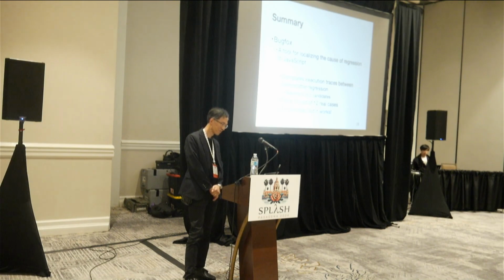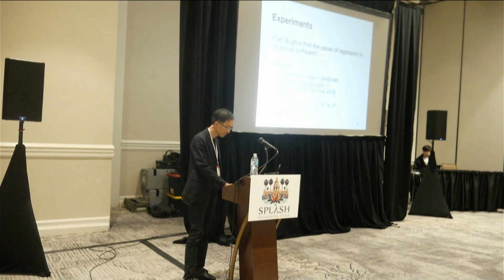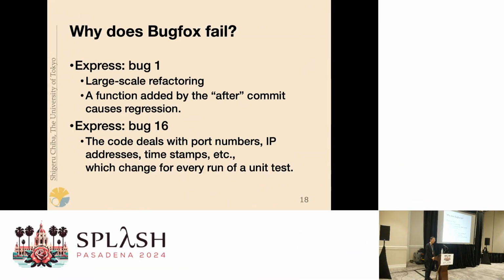Thank you very much. Can you please go back to slide number 18? Are there any non-nuclear options for addressing these issues? A nuclear option for the first one is probably trying to do some refactoring recovery, separating the refactoring from the non-refactoring bit. I would call this nuclear.